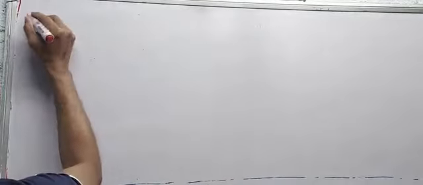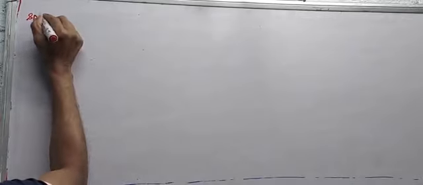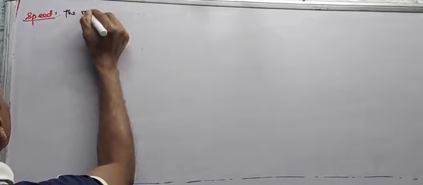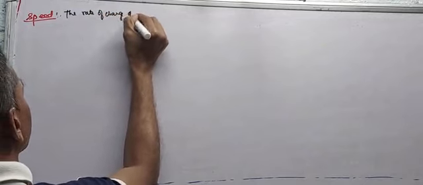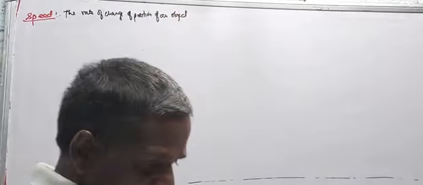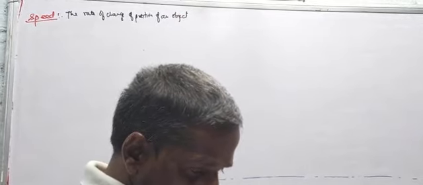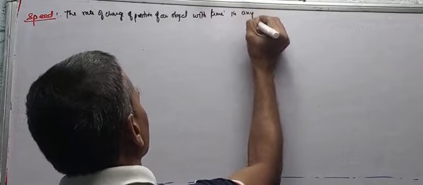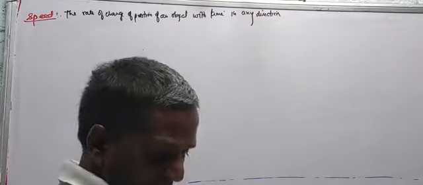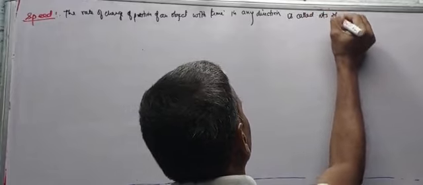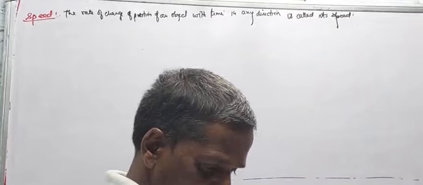Speed. The rate of change of position of an object with time in any direction is called its speed.